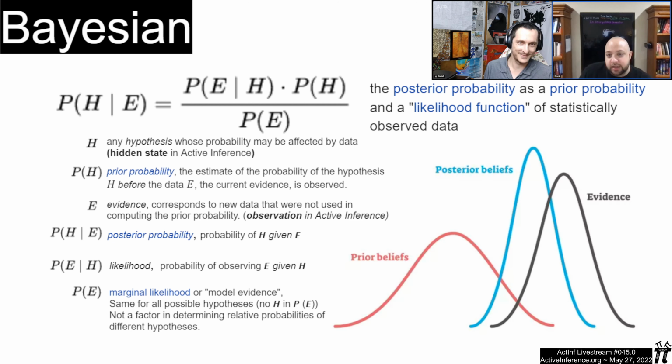Bayesian analysis. So it's basically an analysis method for determining the posterior probability, which in active inference is going to be something like your beliefs after having evidence added to your prior beliefs, which are something approximately like a hypothesis.